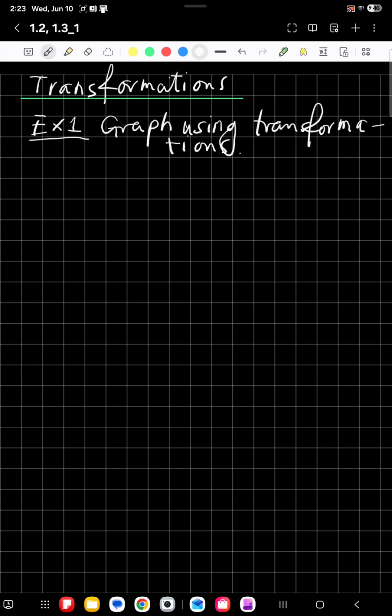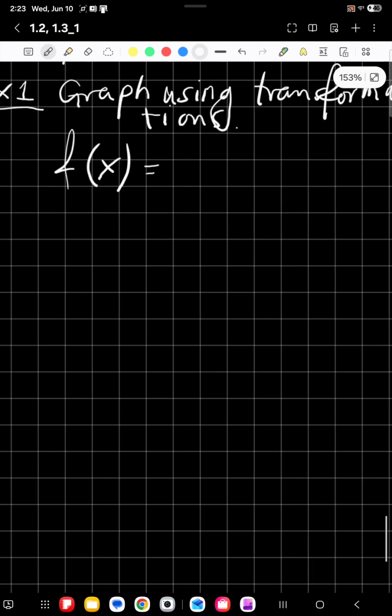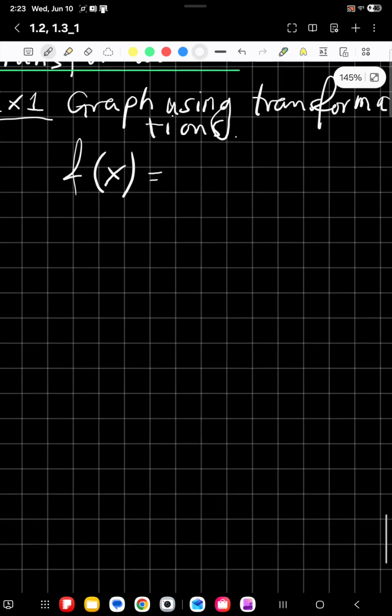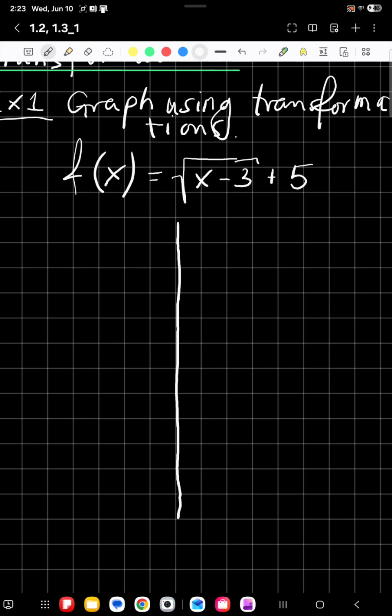Okay, and here's the function f of x equals square root of x minus 3 and then plus 5. Okay, so we have a couple things going on here, and we need to graph those couple things.